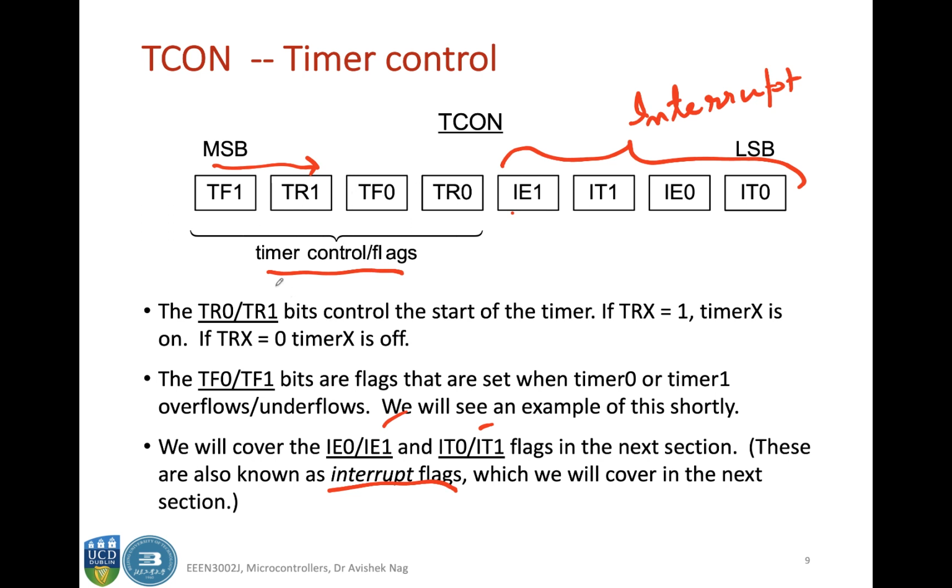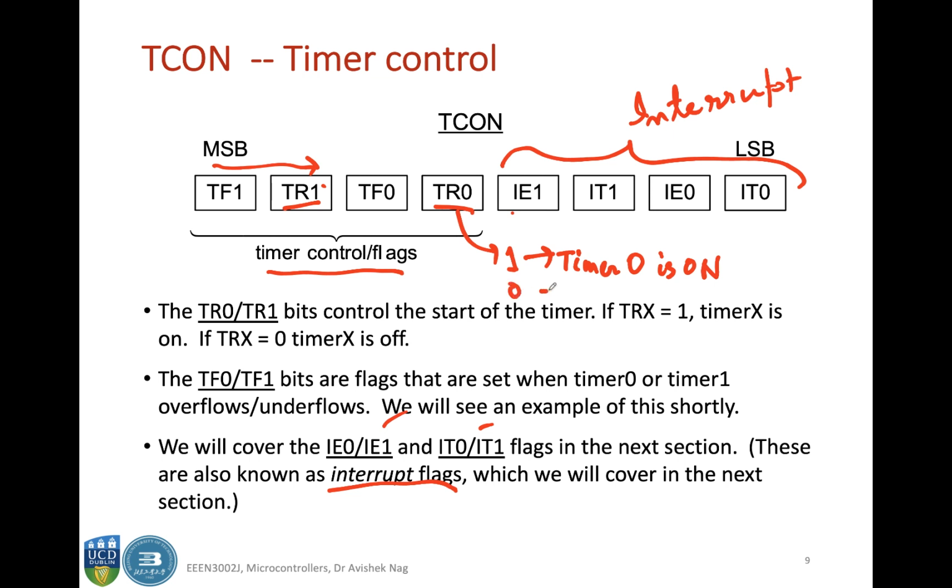So let's say TR1 and TR0, these two bits control the start of the timer. If TRX equal to 1, timer X is on. So if TR0 is 1, then this means timer 0 is on.